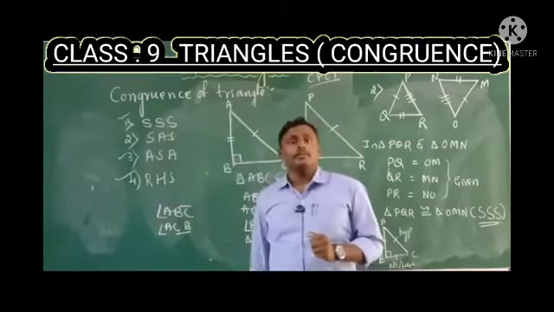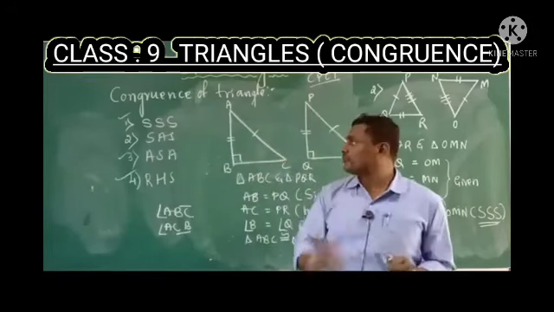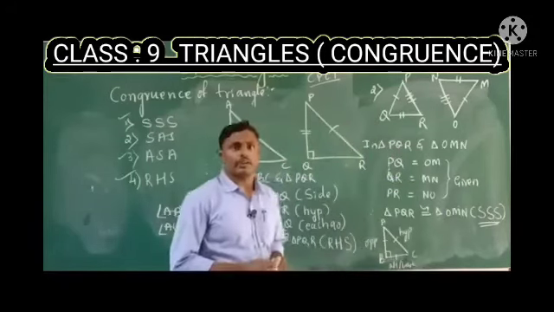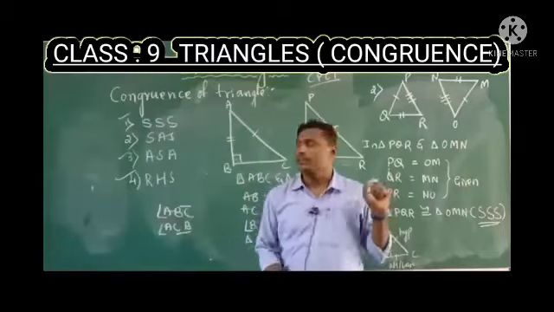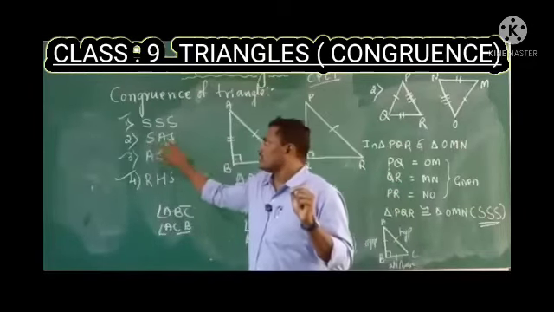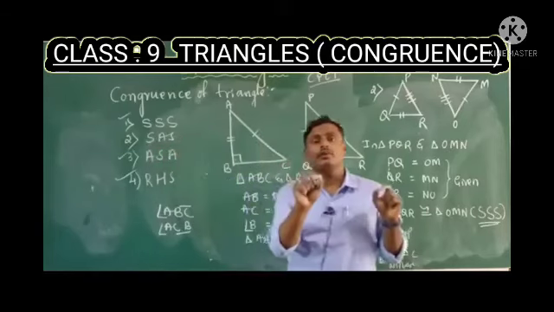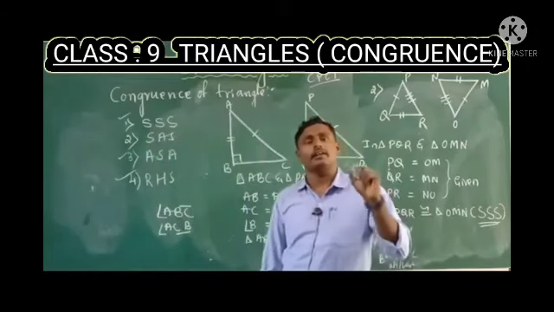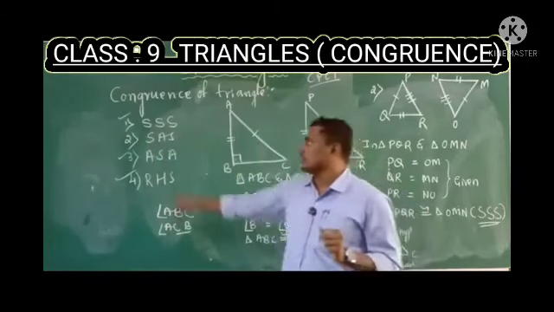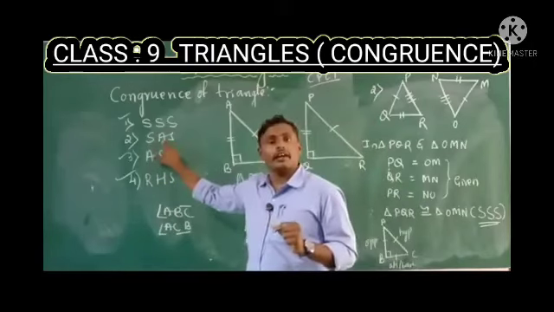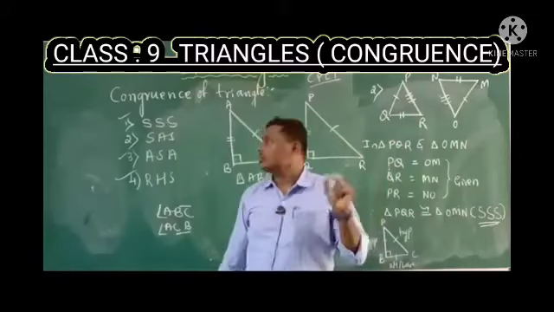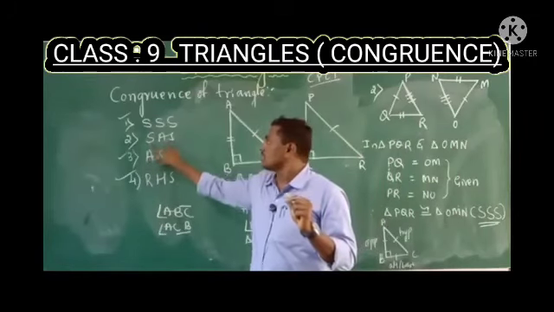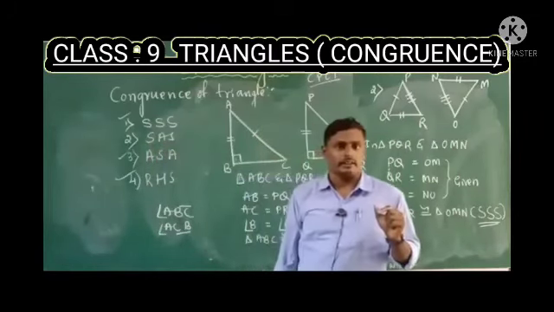Second one, SAS. If two sides and the included angle of one triangle are equal to the two sides and included angle of another triangle, then the two triangles are congruent by using the SAS criteria.